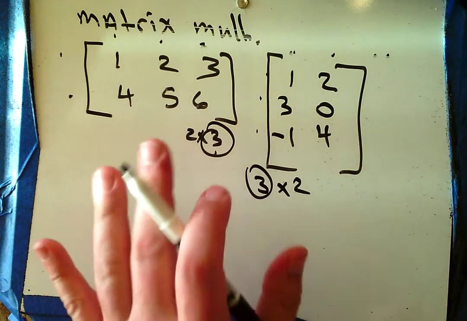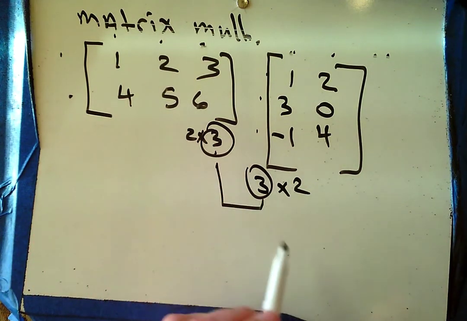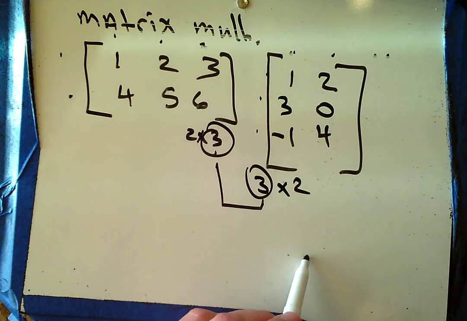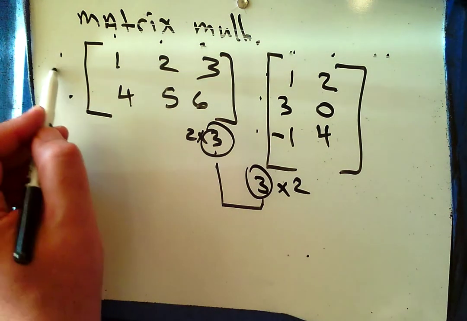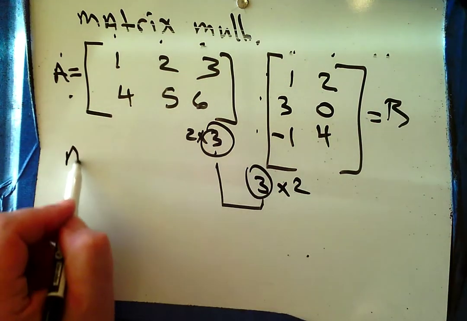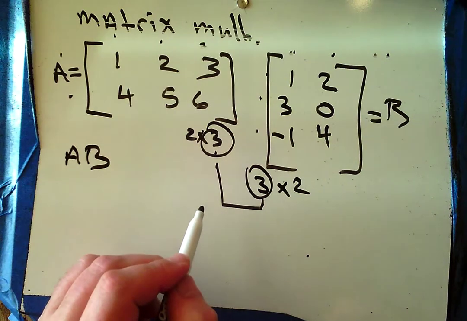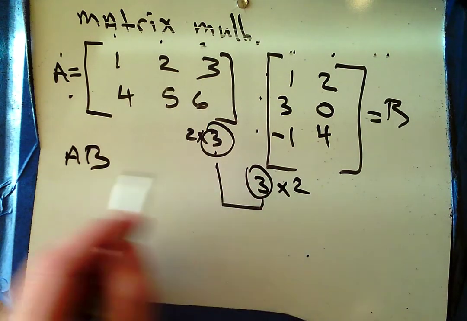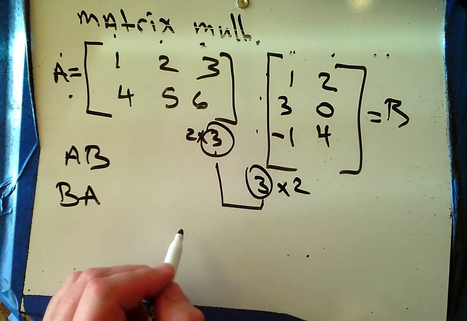In order to be able to multiply these matrices, these numbers need to be the same. Okay? Let's call this one matrix A, let's call this one matrix B. What if instead of doing A times B, that's this setup here, we consider B times A?